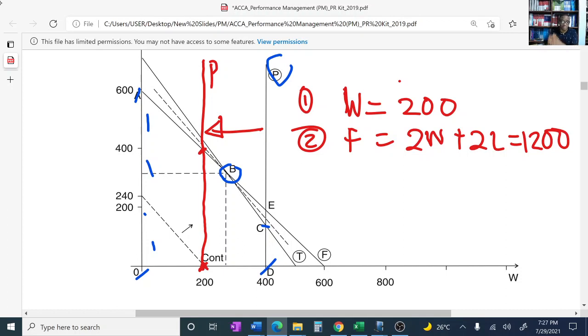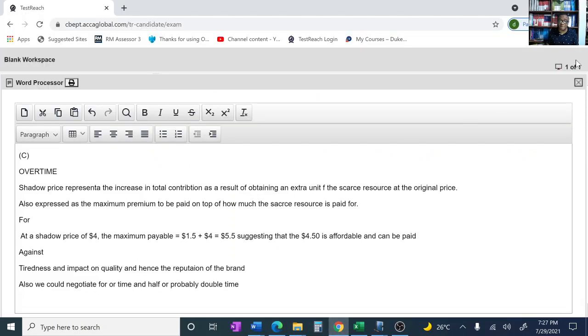So then the P line moves to the left, and as you can see, as it moves to this, it literally just comes to this point here. So let me call this maybe B2 or something. So I'm now going to solve these two equations to arrive at that point.